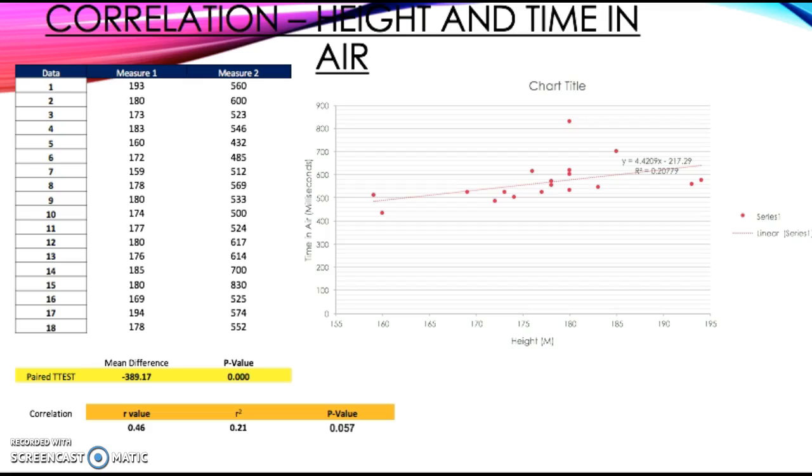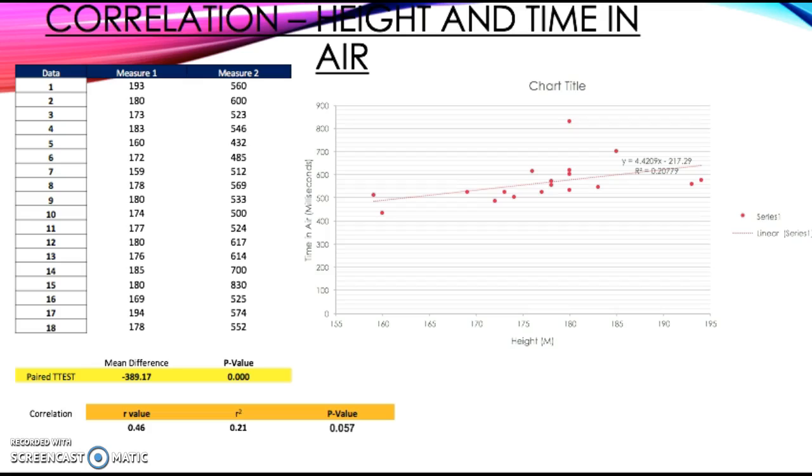This means that there is a possibility that if you're taller, then you have a longer time in the air, but there's also a possibility that height is not linked to time in the air at all. The p-value is 0.057. This means that the result is probably down to luck, because it is over 0.05, which suggests that the data isn't reliable or valid.